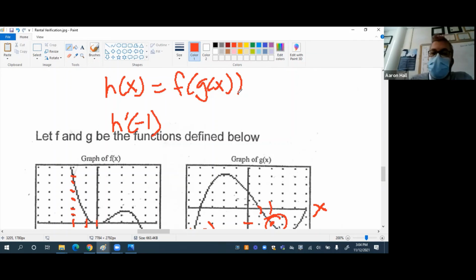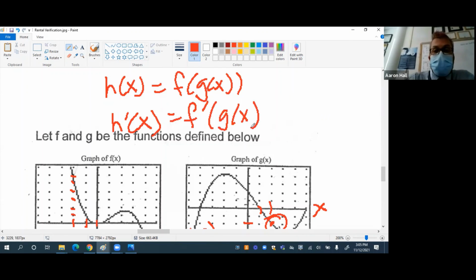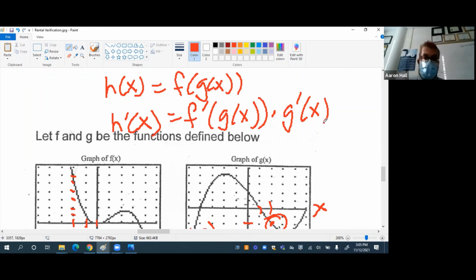What's the derivative? It's the derivative of f of g of x times the derivative of g of x. G prime of x, right. Yeah, the derivative of the outside function times the derivative of the inside function.